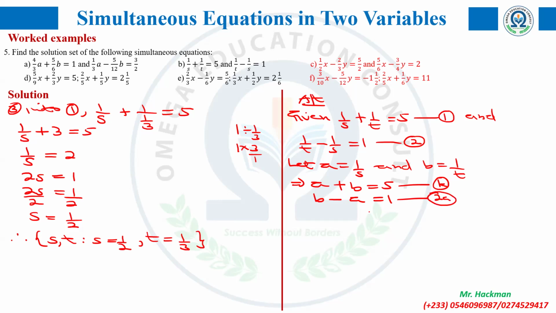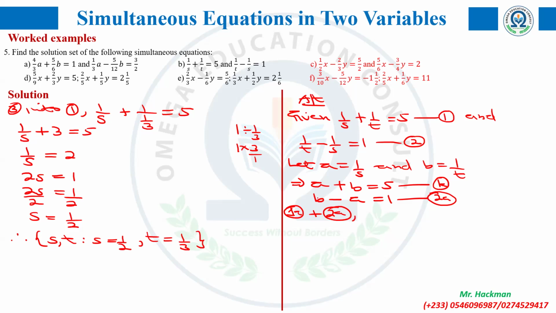Okay, so at this point, you are good to go. You can see that you can eliminate a by adding. You can eliminate b by subtracting, because the coefficients of a are different in terms of signs. So I'm going to write equation 1a plus equation 2a.